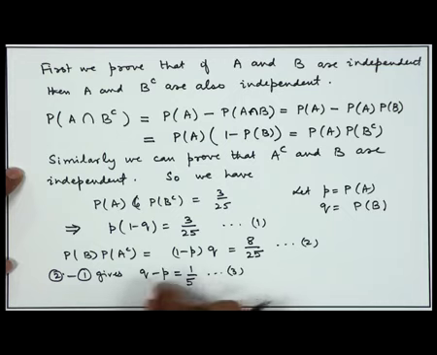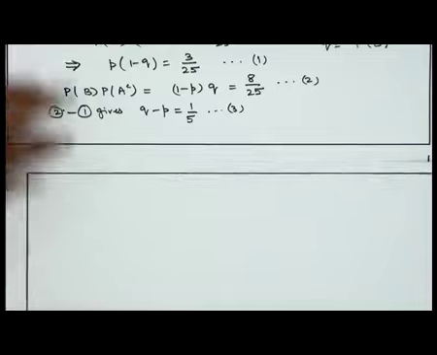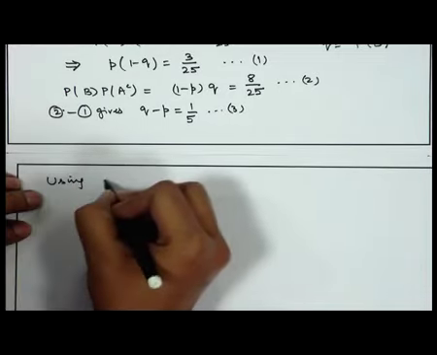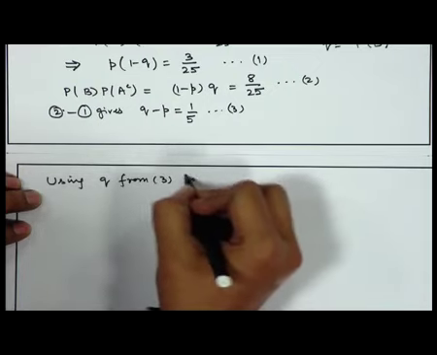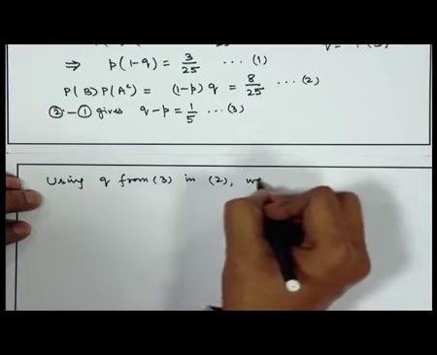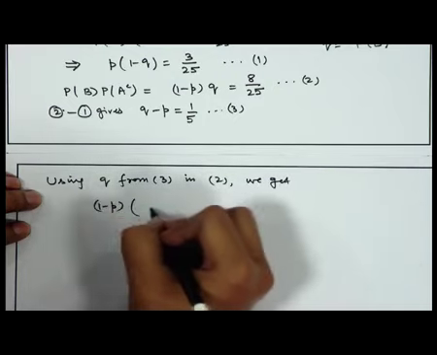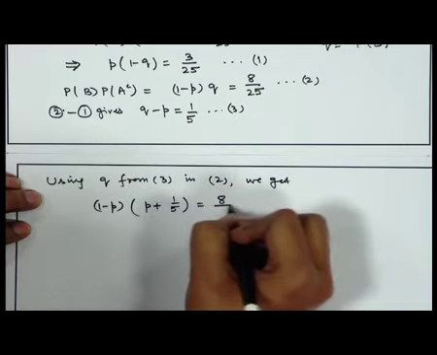Now, from one of these equations, suppose I put this Q value here. So, substitute using Q from 3 in, say, 2, we get 1 minus P into P plus 1 by 5 is equal to 8 by 25.